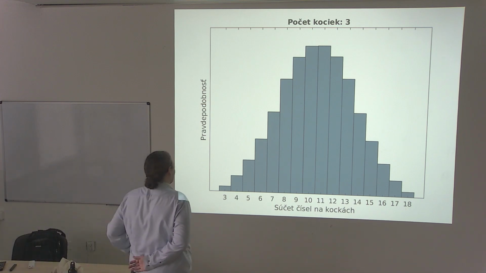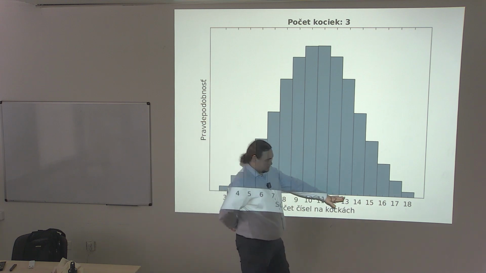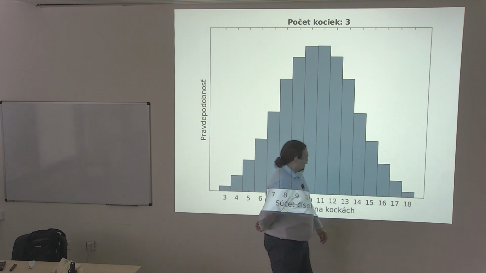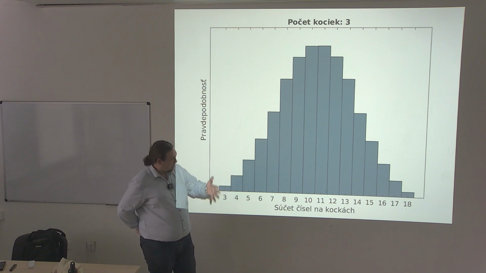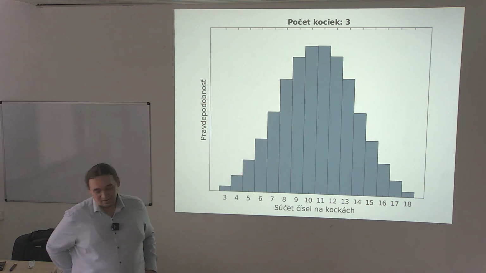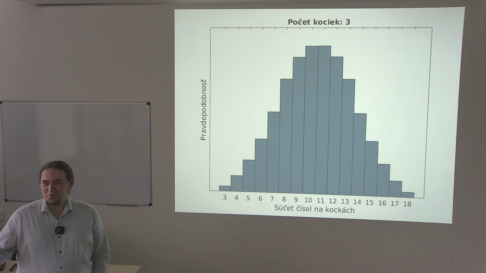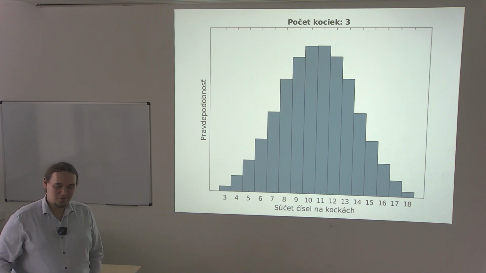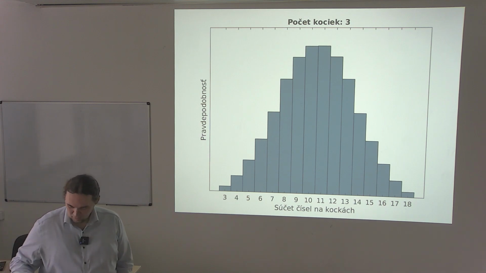The lowest possible outcome is when we get 1 1 1 on the 3 dice, and the highest possible is 6 6 6. So we get 18, and again 3 and 4 and 5 and 2, that gives us the sum of 10 and 11. So let's now continue this game, taking more and more dice and throwing.